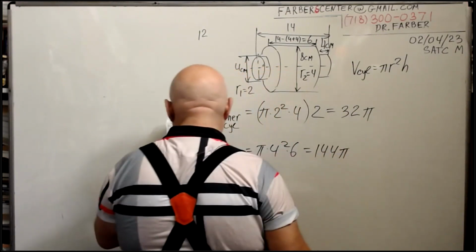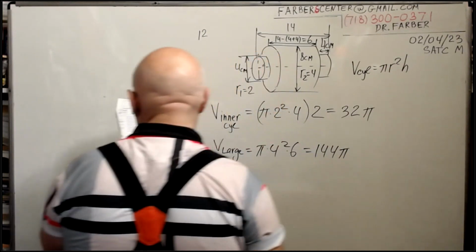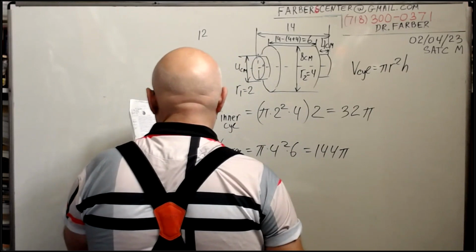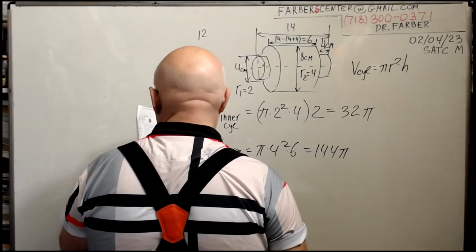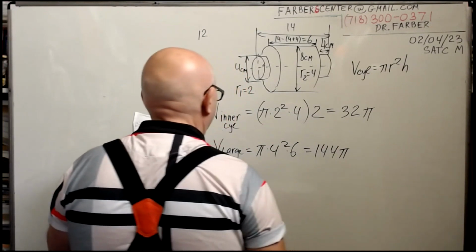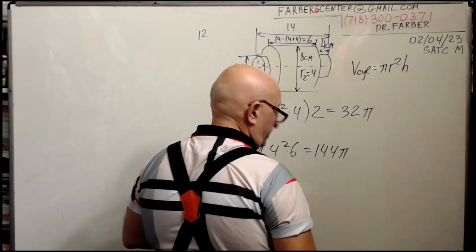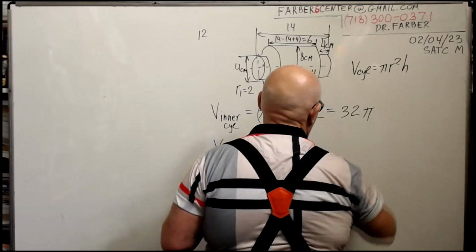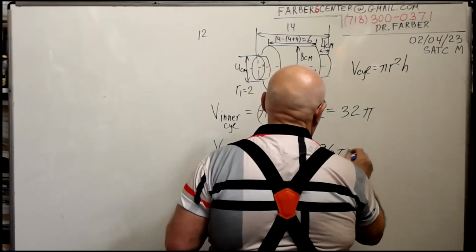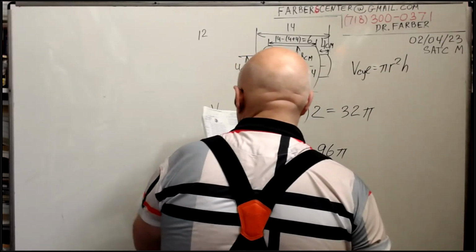And do they provide it in terms of pi or what? Let me check. 16 times 6. I believe it's 96 pi. Yeah, 96. 16 times 6, 96 pi. And finally, what they ask you, find the total.